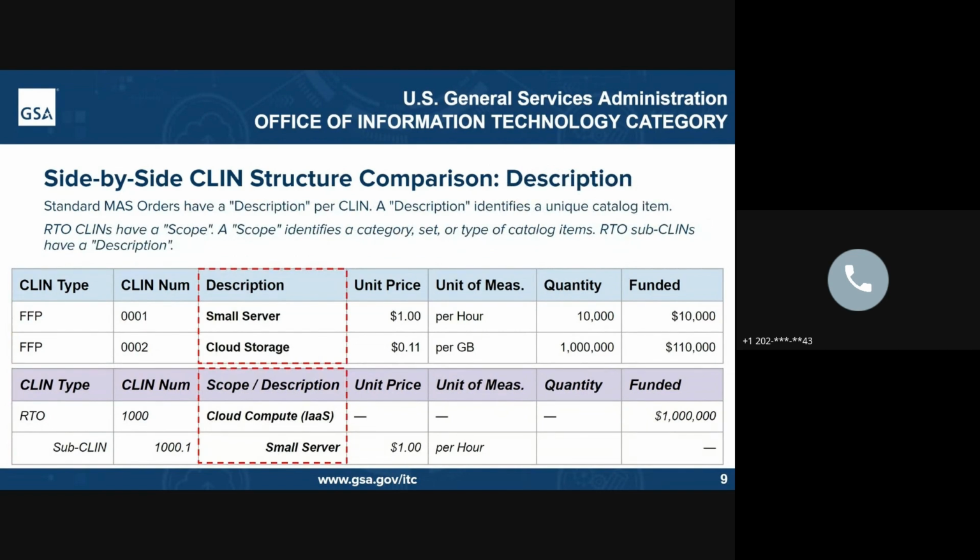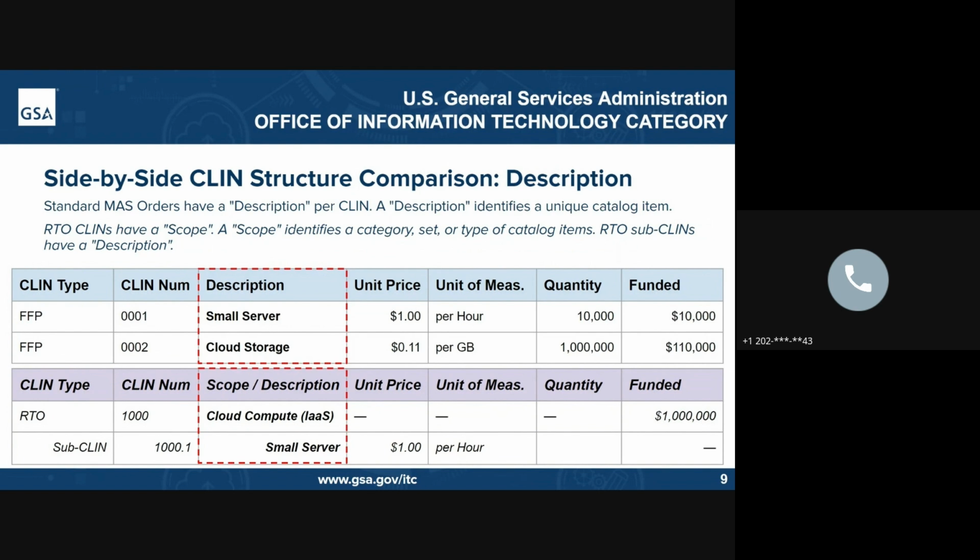Now let me review the differences between descriptions. You'll notice on a standard MAS order, as we indicated before, every CLIN is for a specific catalog service or catalog item and has a specific description. In this case, you'll see here on CLIN numbers 1 and 2, 1 is for a small server and 2 is for cloud storage. When we move down to requirements task order, it shifts slightly in the paradigm. A requirements task order at the top level has a scope.